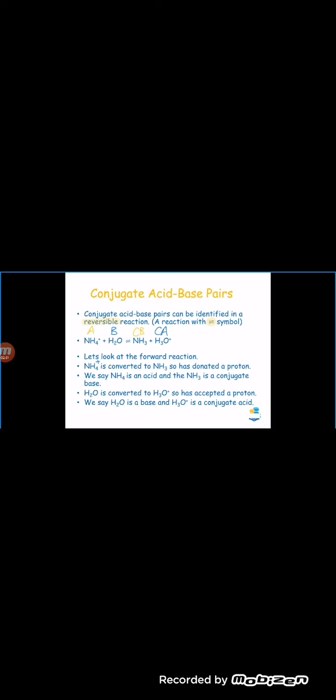And these are the pairs because the water accepts a proton to become H3O plus, so the base links up to the conjugate acid, and the NH4 plus converts into ammonia, so we know that the NH4 plus is an acid because it has donated a proton to give the conjugate base.